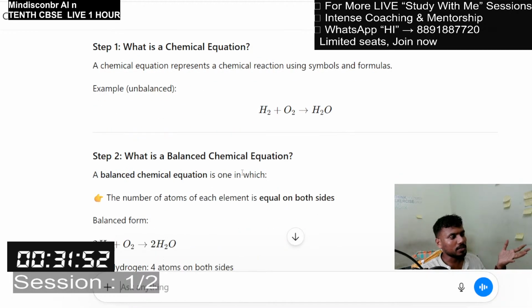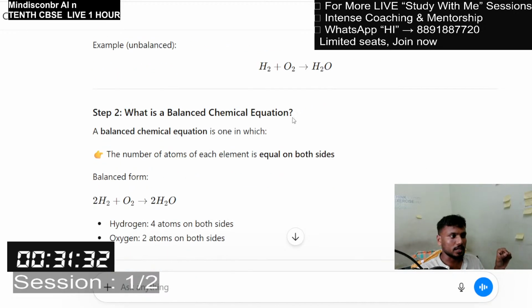What happens in a balanced chemical equation? A balanced chemical equation is one in which the number of atoms of each element is equal on both sides, that is, on LHS and RHS. So H2 plus O2 gives H2O is a chemical equation. Here 2 atoms of oxygen are there, but only 1 atom of oxygen is present on the RHS.